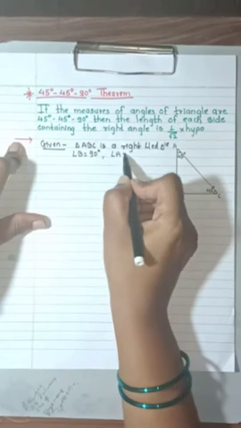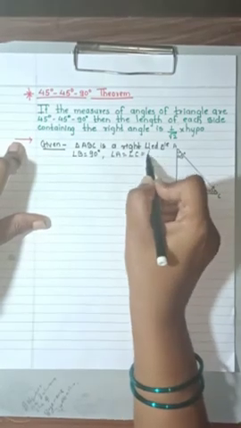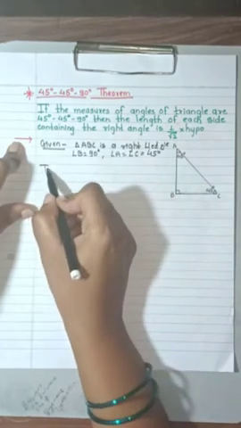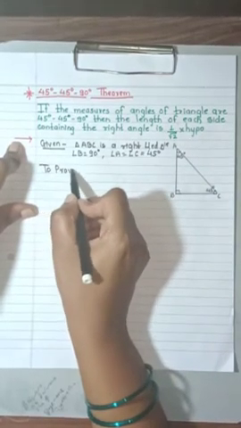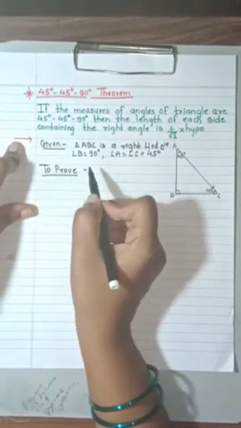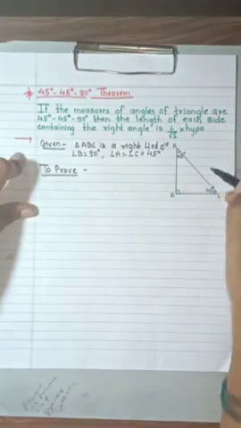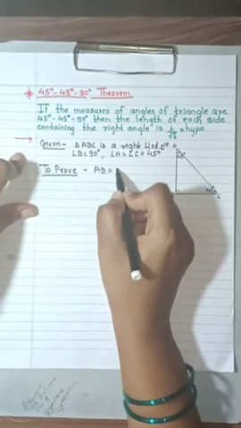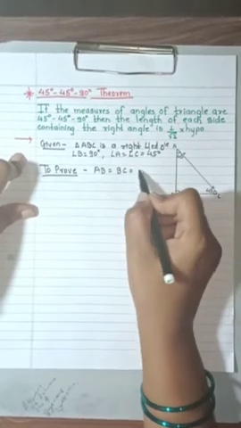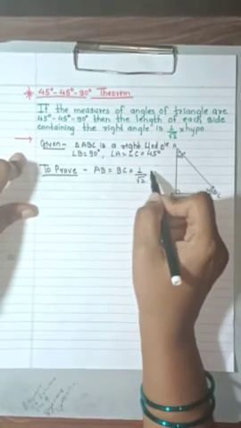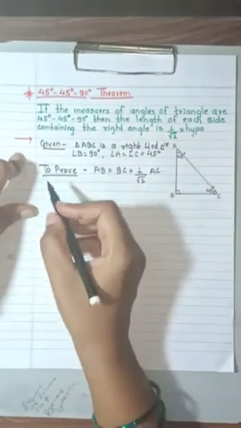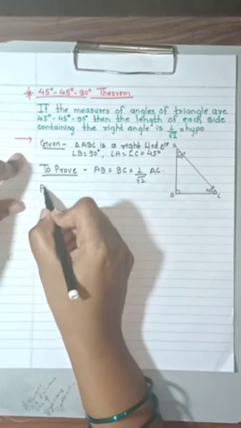Angle A is equal to angle C is equal to 45 degree. This is given to you. To prove, you have to prove that side AB is equal to side BC is equal to 1 upon root 2 of hypotenuse, that is AC. Okay. Now let us move on towards the proof.